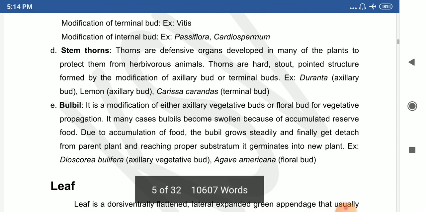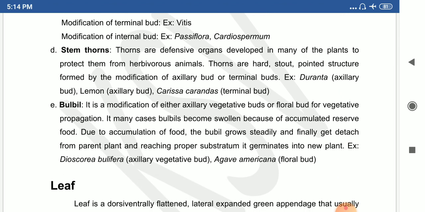Here the stem is modified into an axillary bud-like structure, that is, a floral bud or axillary bud. Example, in Dioscorea and agave, the stem is modified into a bulbil. This helps as a vegetative propagation structure.